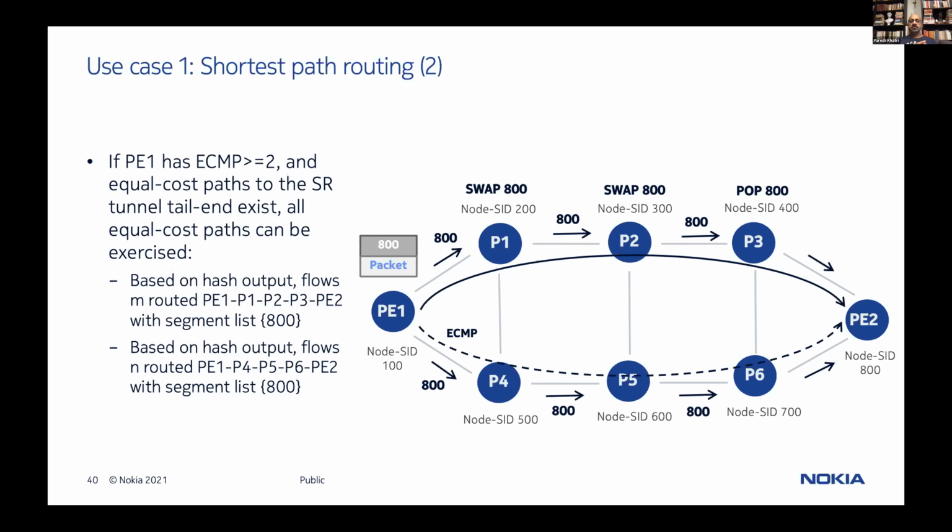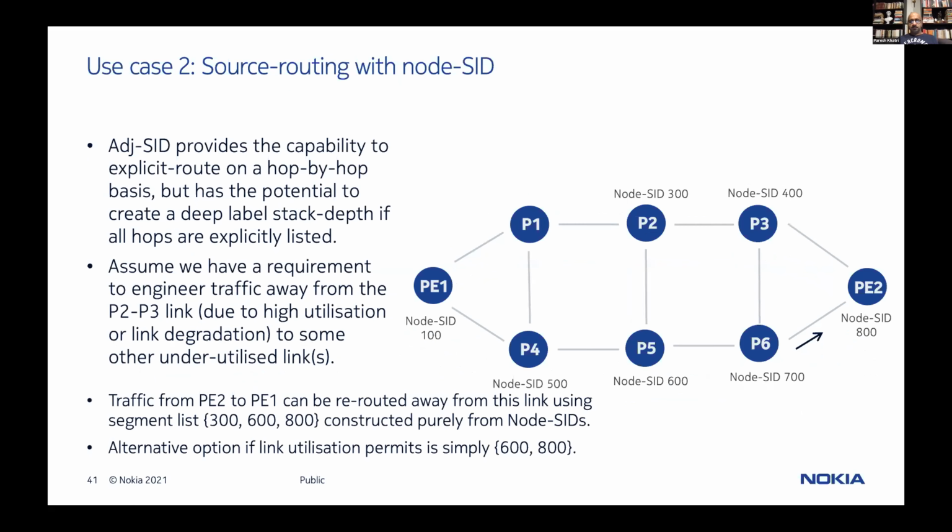It could be fairly arbitrary, but no matter how you define your flow, you may have a requirement to route flows differently. So in this case here, you could program P1 that says, for flow M, whatever M is, route it over the top link or top set of links. For flow N, route it over the bottom set of links. And so you have that flexibility, even with shortest path routing, to dictate which path is actually being taken.